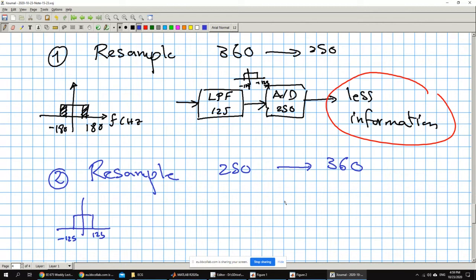If I wanted to resample that at 360, the maximum frequency I allow is 180. So I don't even need a filter here. I'll just take the signal right away as it is, without any change, and resample that to get the new samples.